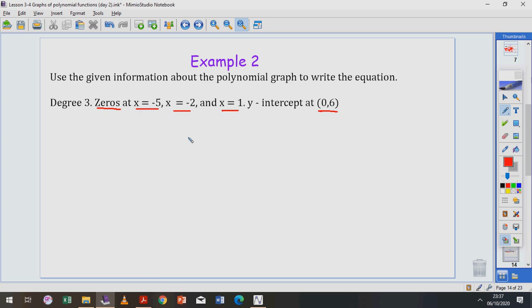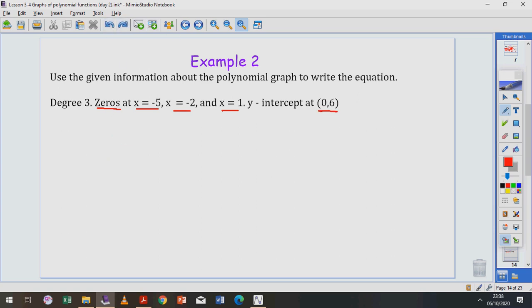So they've not told us anything about the multiplicities of this function. Yeah, they've not told us anything about the multiplicity, so I'm just going to assume that each of them has a multiplicity of 1.